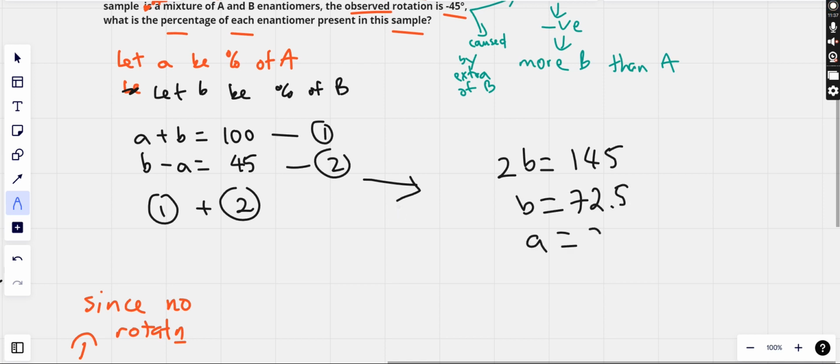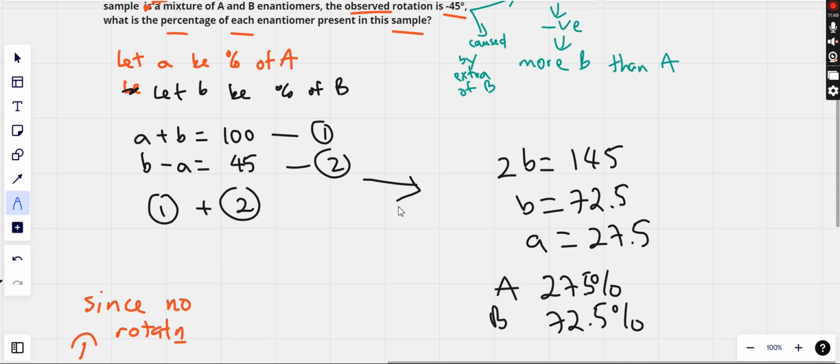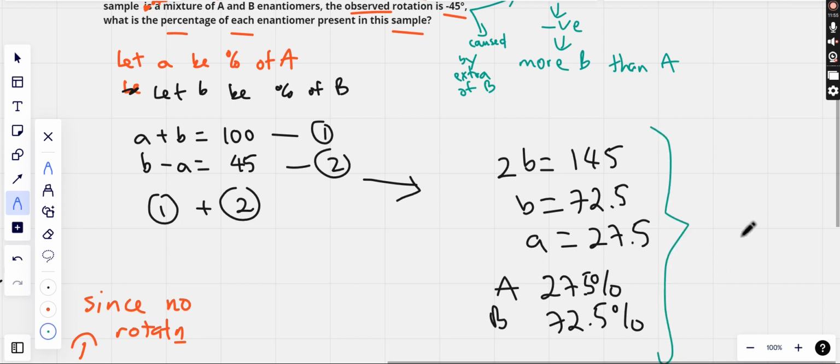Then I can solve for A, A is 27.5. So you know that in the sample, A has 27.5% and B has 72.5%. And this is the first method.